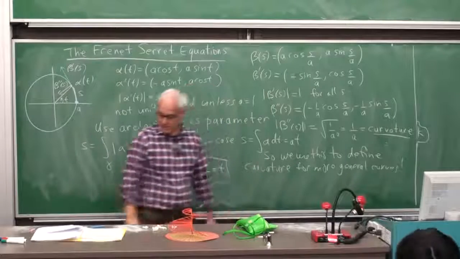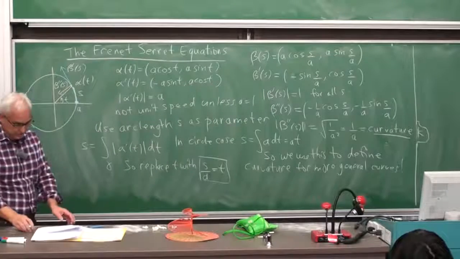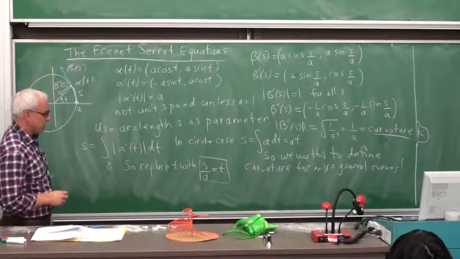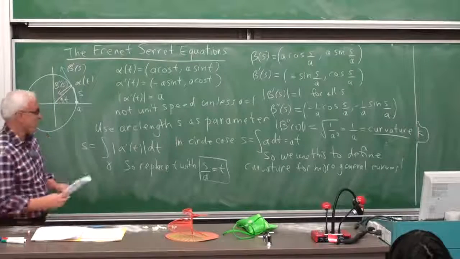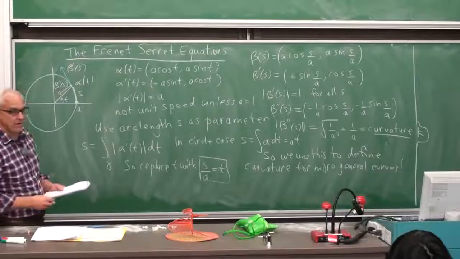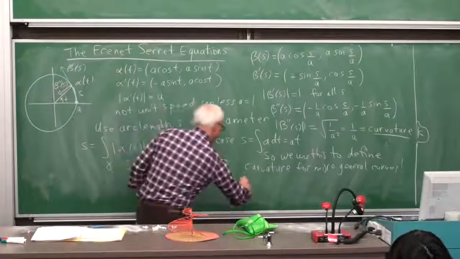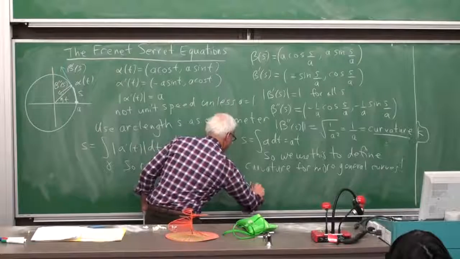In particular, curves in space, which is what we're going to be talking about today. But before I do that, let me just write down one more formula for the normalized acceleration vector, what we get when we normalize by dividing by the length.